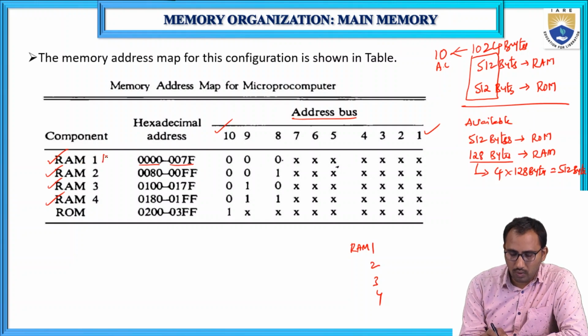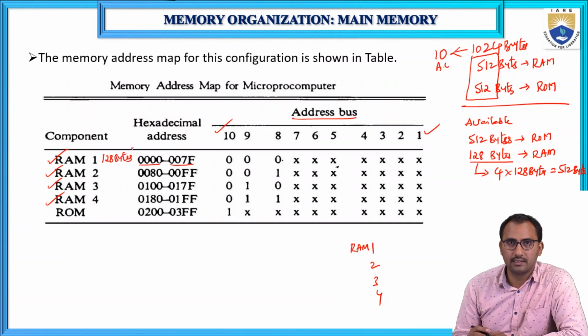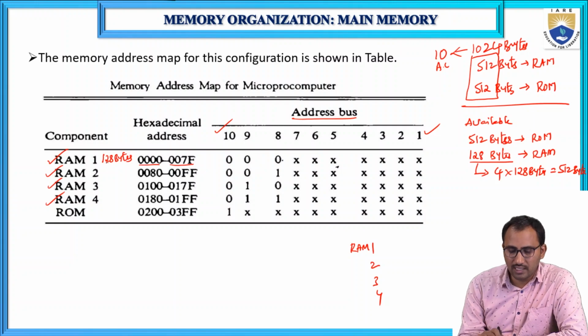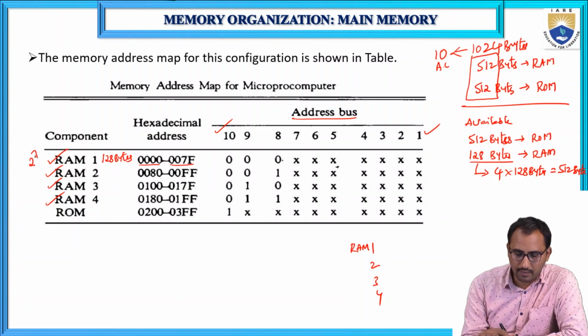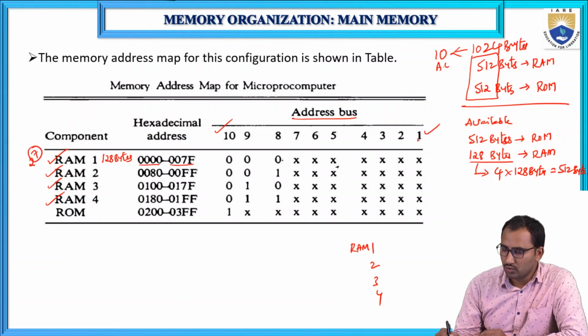It is 128 bytes. What is the number of address lines required? 2 power 7, so 7 address lines: 1, 2, 3, 4, 5, 6, 7.